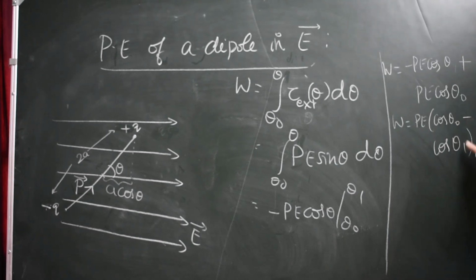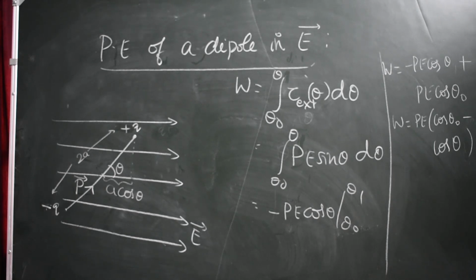Or if I have taken theta, it is just theta. So PE into cos theta naught minus cos theta. This work done is stored as potential energy. So please note that this is taken as potential energy.